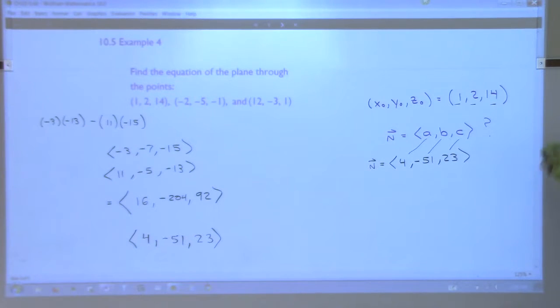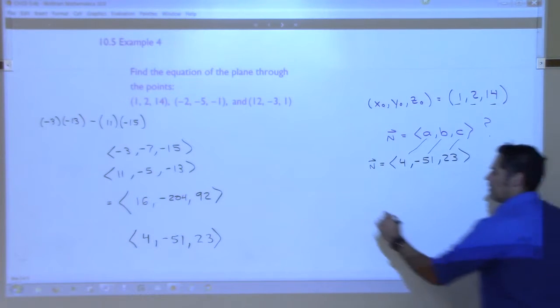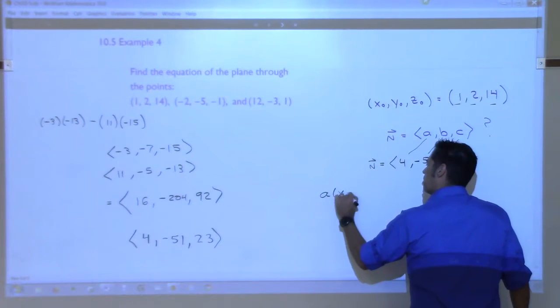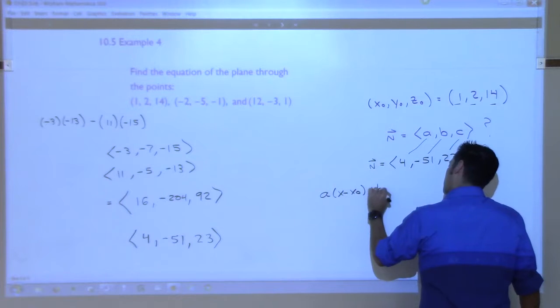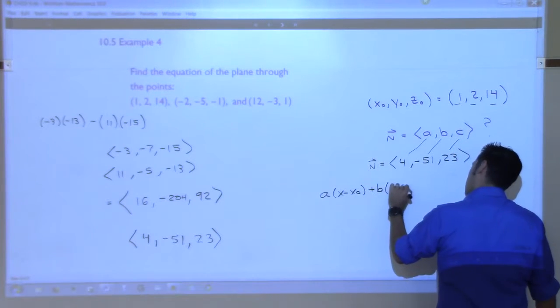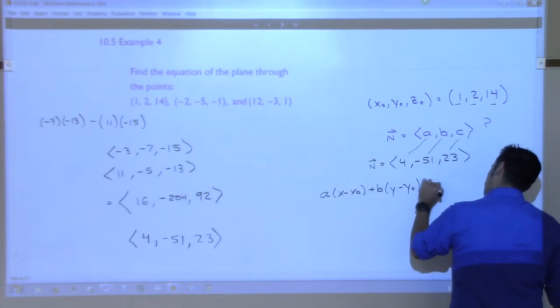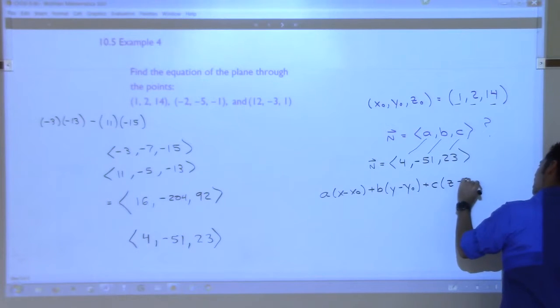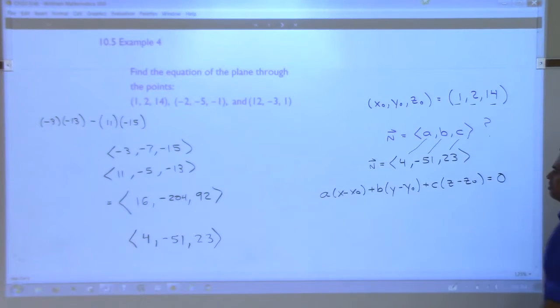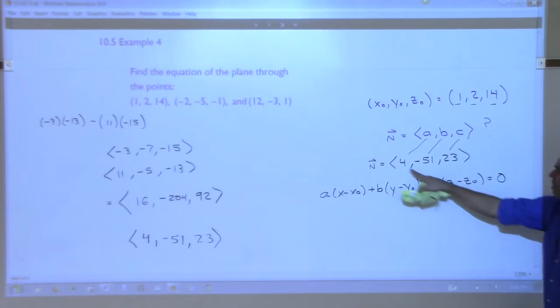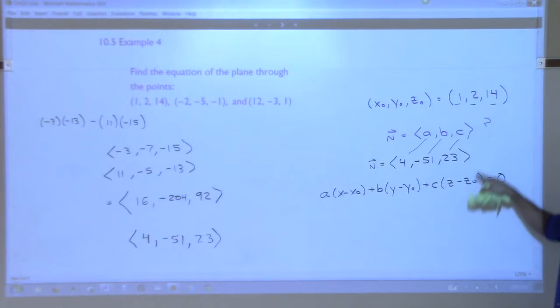I said I was going to leave it up there, then I erased it. So the equation is A times x minus x naught, plus B times y minus y naught, plus C times z minus z naught equals 0. That is your standard equation of a plane. But now A, B, and C are these numbers, and x naught, y naught, z naught are those numbers.